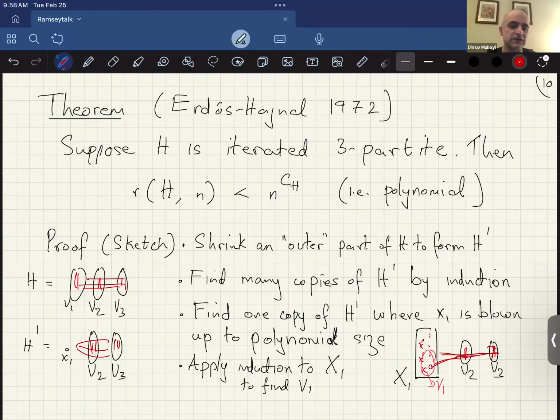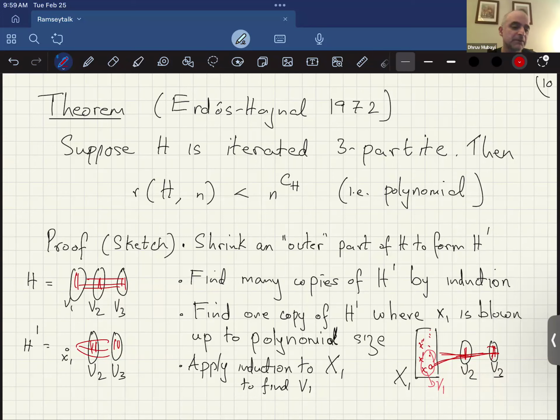So suppose you have a capital N vertex triple system, and it doesn't contain some iterated 3-partite H. Then my goal is to find a polynomial size independent set. Here the red edges are the edges and the blue edges are the non-edges. And so the idea is that you do some kind of induction on the number of edges in H. So what you do is, you have these 3 parts in H and then you recurse.